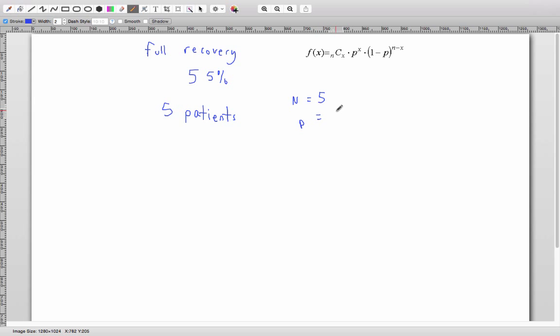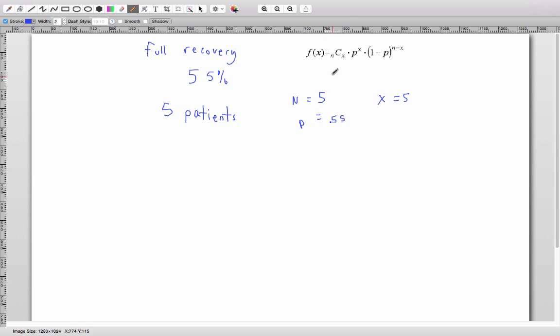So they said 55% of the time, so we're going to make that 0.55. And we're looking for our random variable. I want to know the probability that all 5 patients recover, so I'm looking for the probability that x equals 5. That means 5 successes.